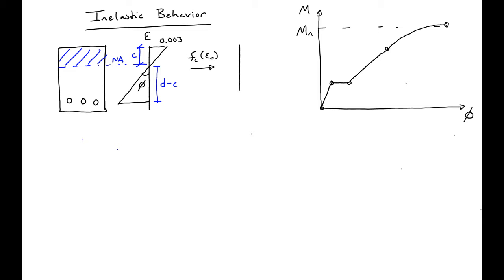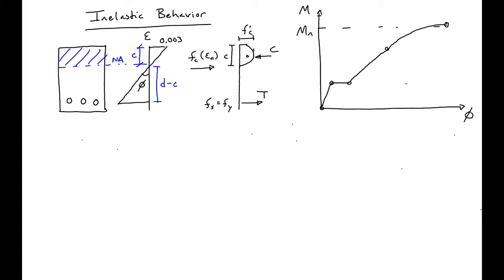So if we plot this, we'll get kind of our curve with a height of c, and the maximum height here being f prime c. Then we'll have some stress in our steel, which we'll assume yields, but we can figure this out exactly later, so that this will create a tension force T. And then if we look at the centroid of this block, we'll get a compressive force C.